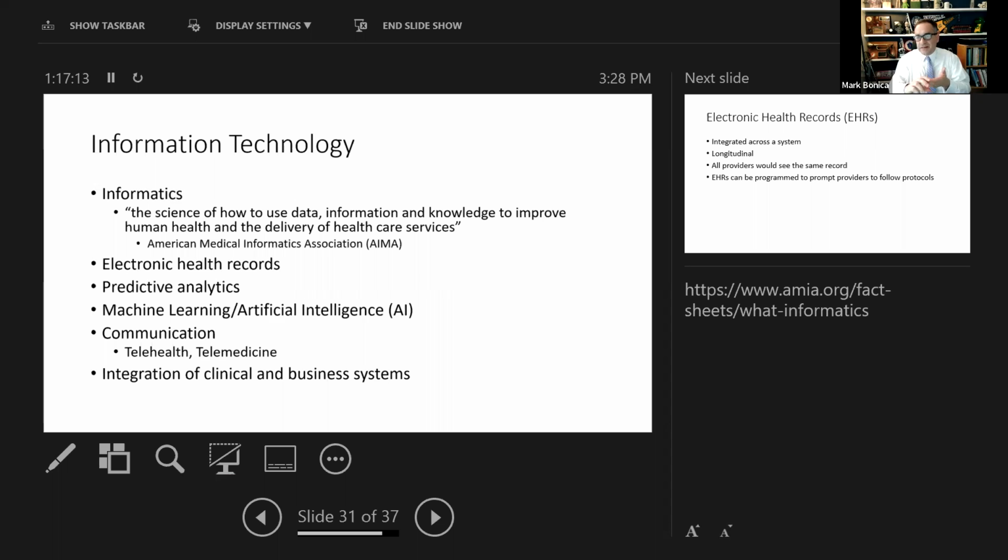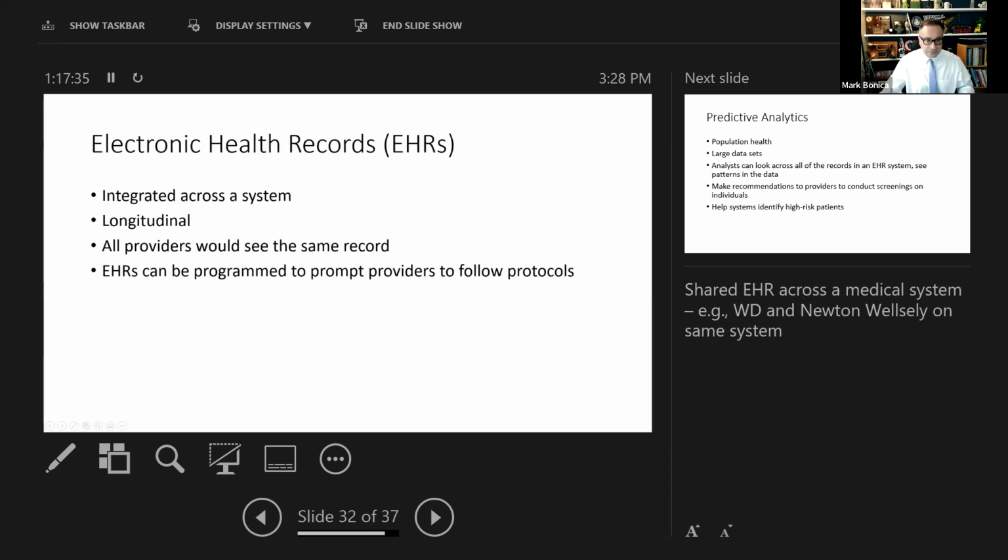Let's get him in because he's on a pathway towards having some sort of serious heart disease issue. Let's get him coached by a nutritionist, maybe one of you, and let's do some other testing to make sure he's not getting sick. And they can do that across the whole system using this machine learning.